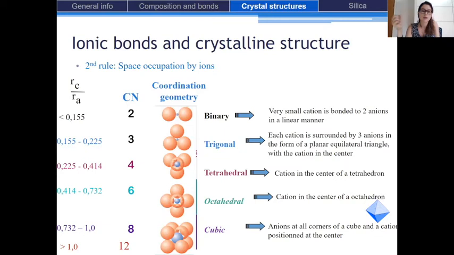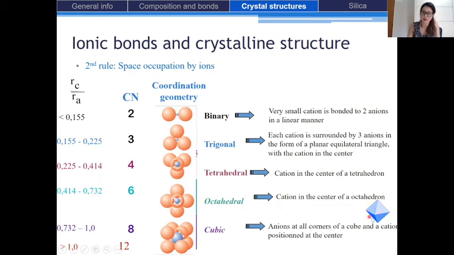Let's take the example of a ratio between 0.414 and 0.732: coordination number 6, and the coordination geometry is octahedral. So the cation is in the center of an octahedron.